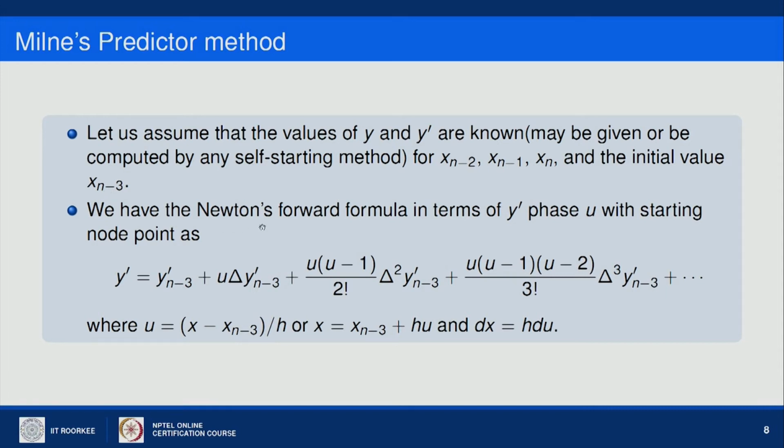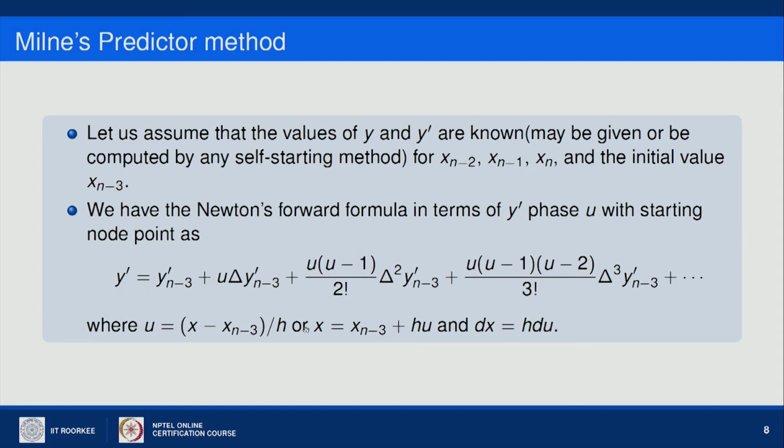So, we have Newton's forward formula in terms of y prime, with u and starting node point x n minus 3: y prime equals y prime n minus 3 plus u times delta, that is the forward difference operator, y prime n minus 3, plus u into u minus 1 upon factorial 2 del square y prime n minus 3, plus u into u minus 1 into u minus 2 upon factorial 3, and then del cube of y prime n minus 3, and so on, where u is x minus x n minus 3 upon h, where h is the step size.